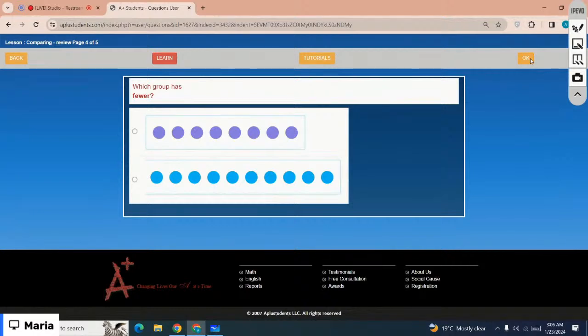Which group has fewer? Which is the correct option? Yes, the blue group has fewer. The correct option is option number one.